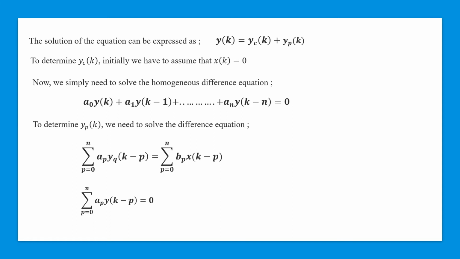The difference equations are the summation of p equal to 0 to n of ap y(k minus p) is equal to the summation of p equal to 0 to n of bp x(k minus p), and the summation of p equal to 0 to n of ap y(k minus p) is equal to 0.